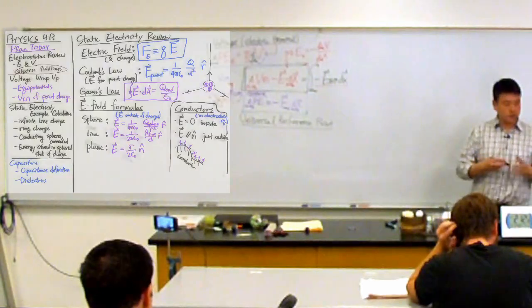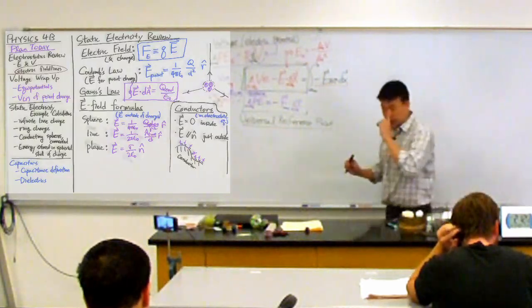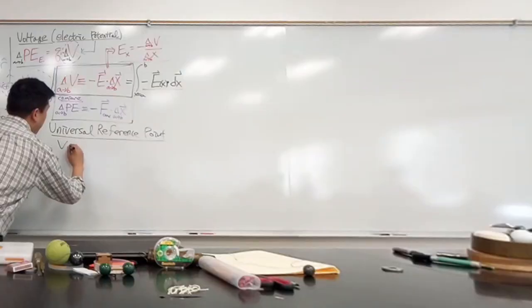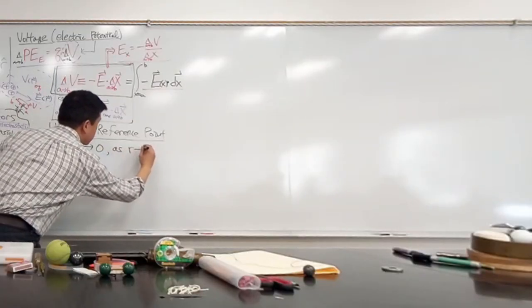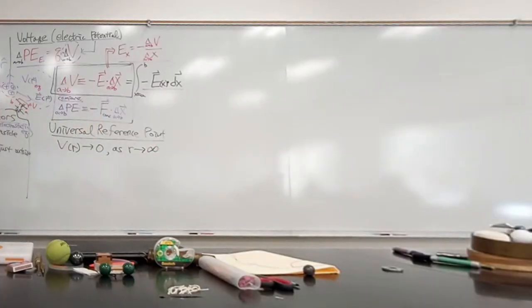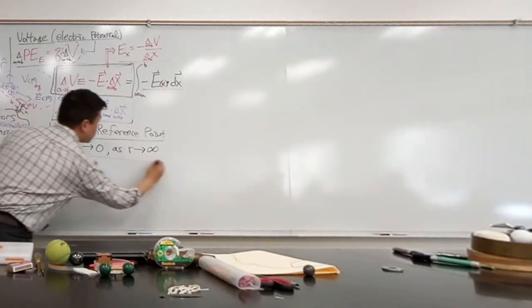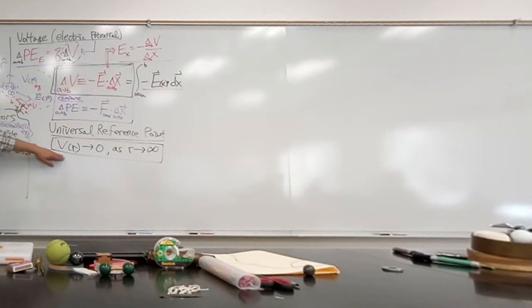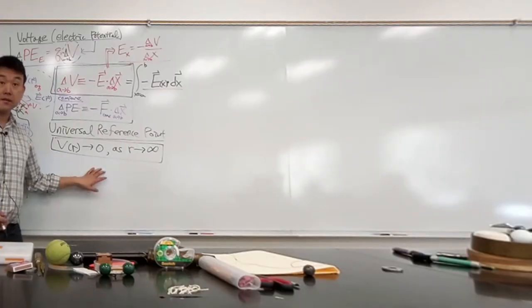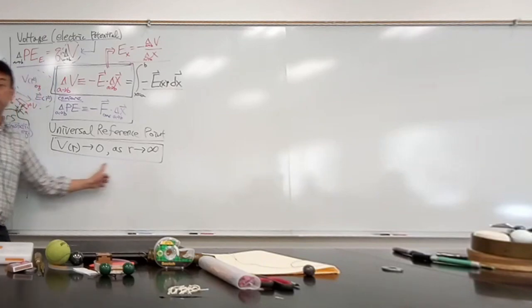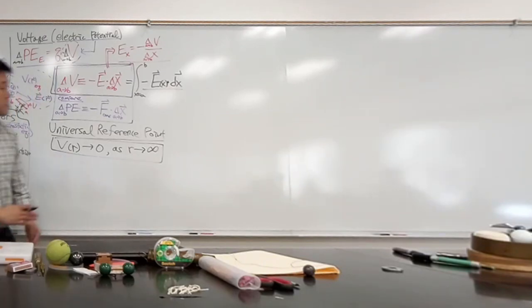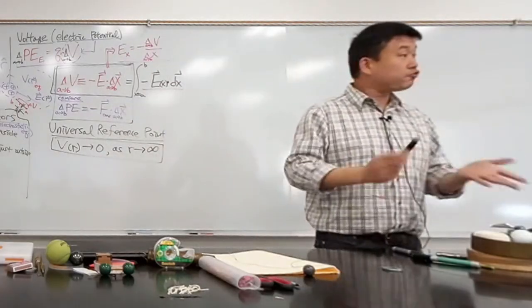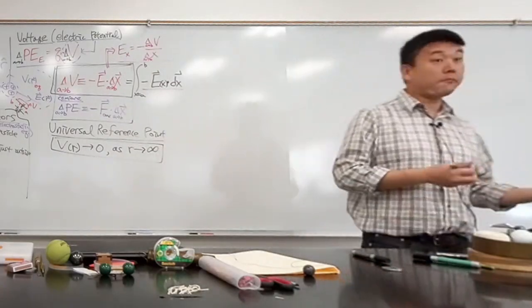Whenever we are referring to it, we are going to use the phrase that V of r goes to 0 as distance goes to infinity. Once again, you cannot use this for every problem, but for the vast majority of problems where you can use it, we are going to use this phrase to refer to the reference point we are using. So using this universal reference point, let me derive a formula for voltage of a point charge.